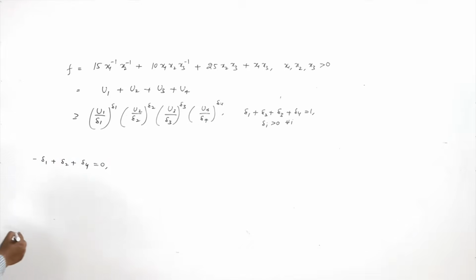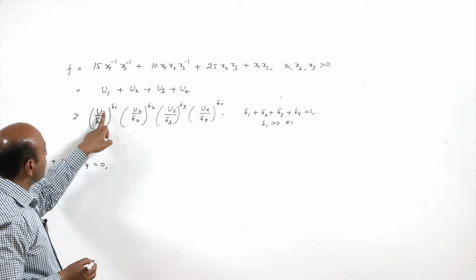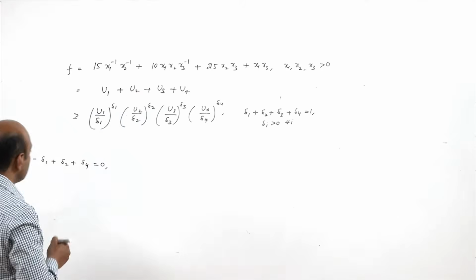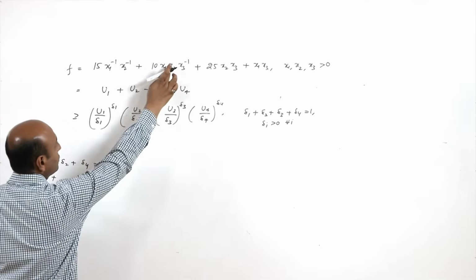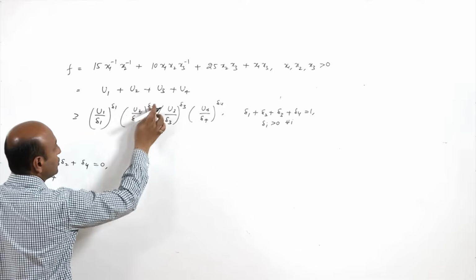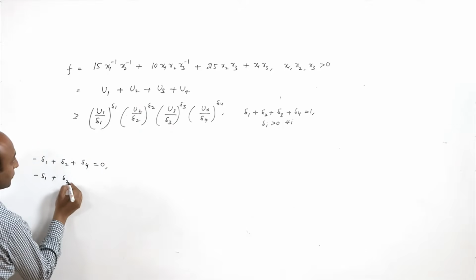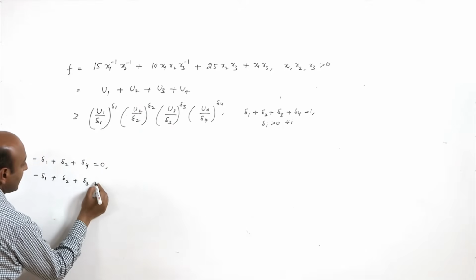Now, second equation with respect to x2. The power of x2 from this expression is minus delta 1, plus when you substitute u2 over here, the power of x2 will be delta 2, and plus delta 3, and that must be 0.